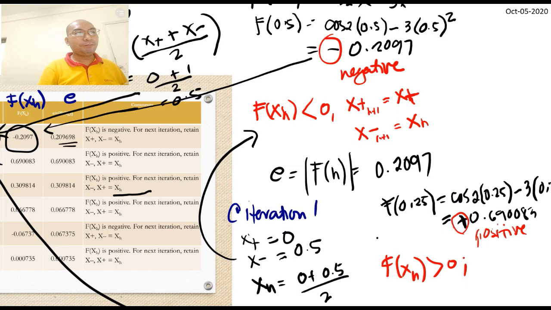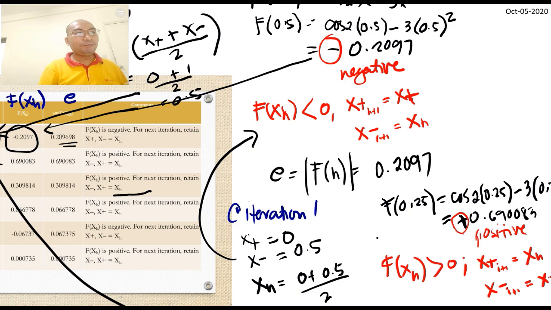So if it is positive, our x plus at i plus 1 will become x sub h, and our x minus at i plus 1, or the next i, will be equal to the previous x minus. So that will be the value of x sub h for the values of x plus and x minus that will be used in the next iteration.